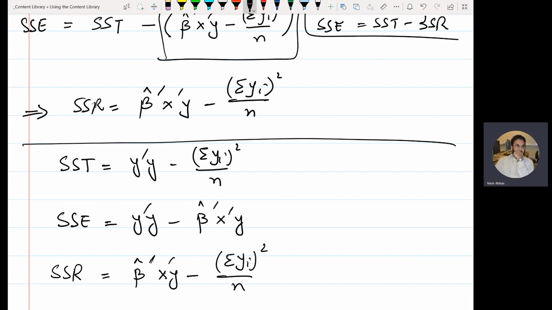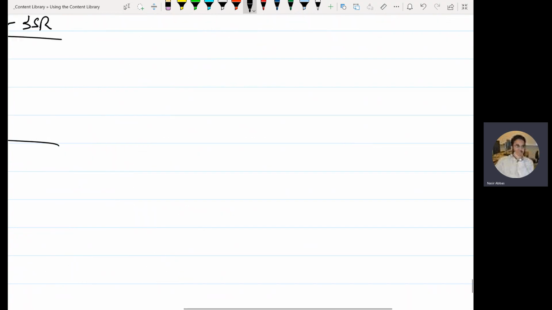Now, if, for instance, you are stuck with something, if you have two of these components, you can find the third one by taking the difference. You don't need to find the third one directly with the formula. If you have SST and SSR, for example, you can find SSE by this equation.